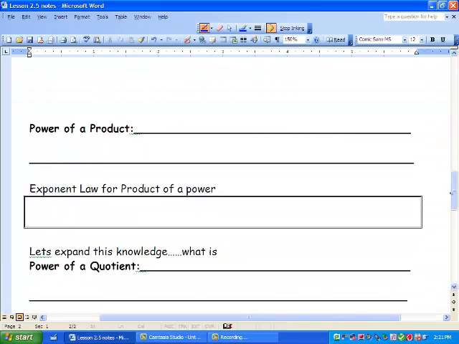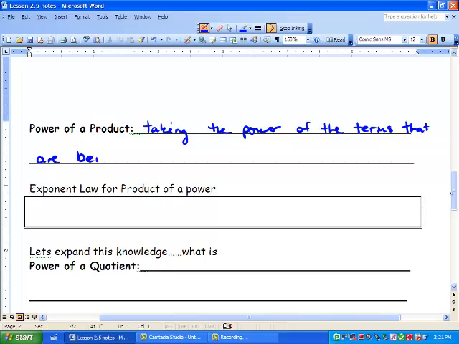The power of a product is we take the power of the terms that are multiplied. All right, so for example, we have 4 times 2 to the exponent of 7.